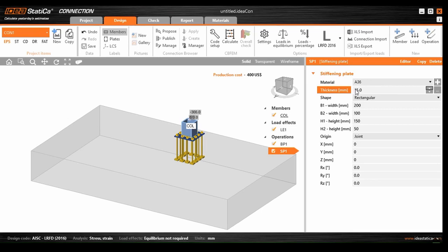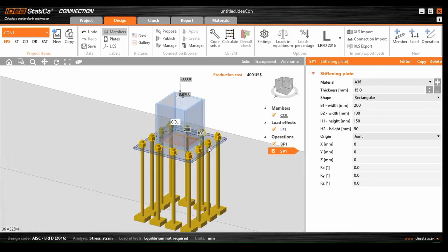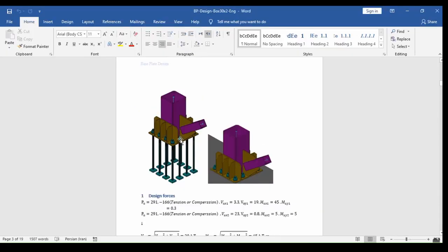Probably you notice no new plate is visible, so go to this part and press transparent. Okay, now you can see the plate in the middle of the base plate and column. I want the stiffener to be placed like this on the base plate. So get back to the editor.